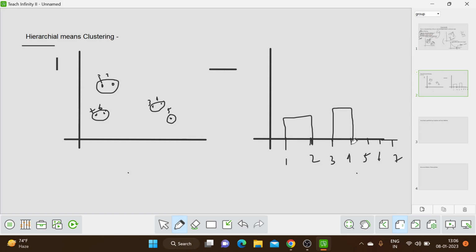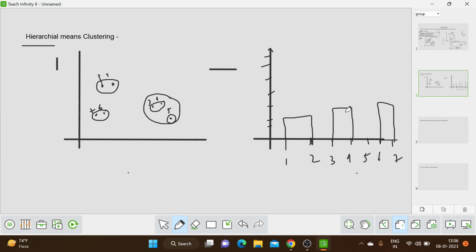What is the distance between 1 and 2, 3 and 4? These are the distances, Euclidean distance. 1, 2, 3, 4. 5 is nothing, and 6 and 7, like this. We calculate. Next, after that, we try to make bigger clusters like this.